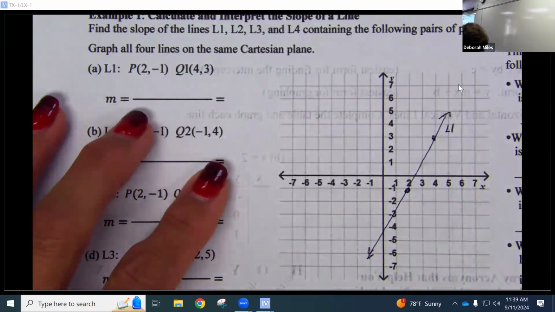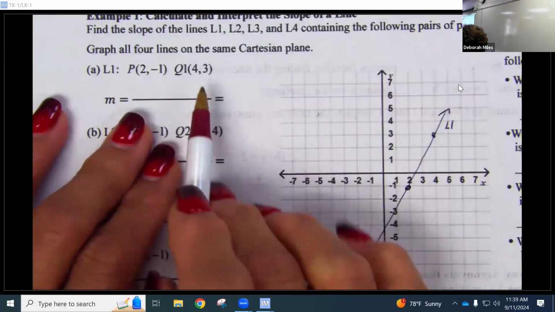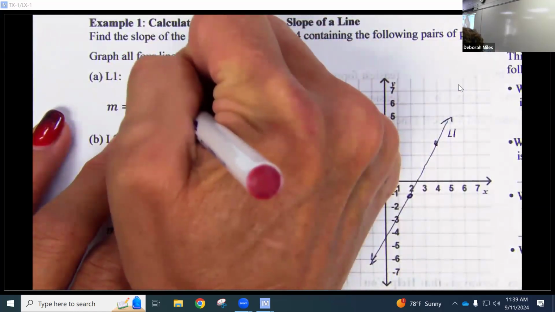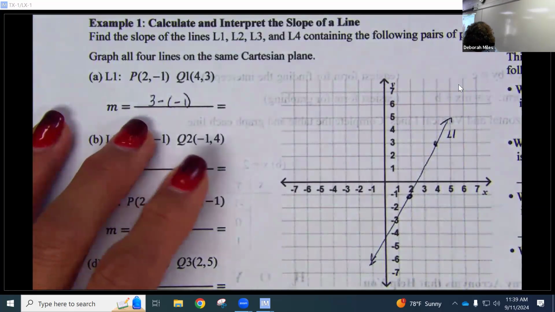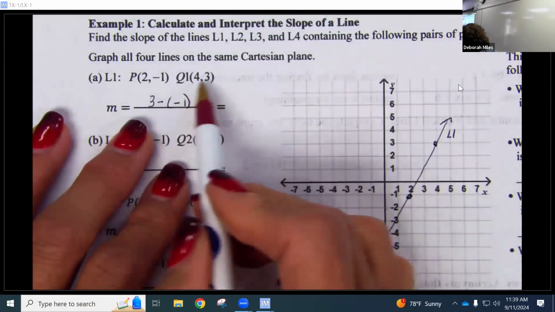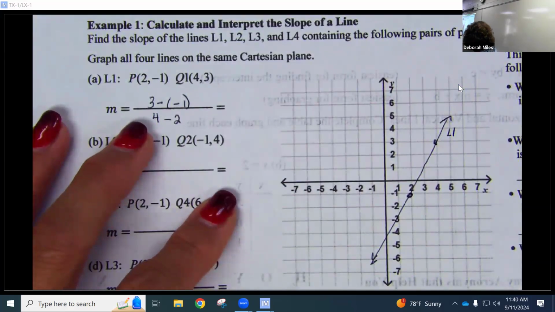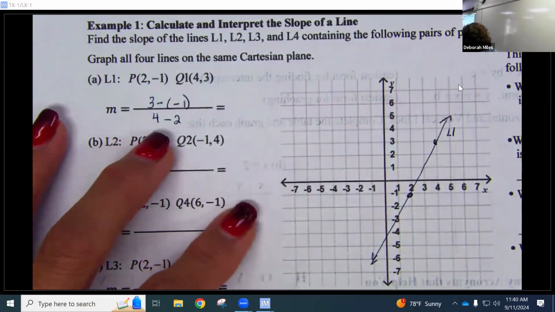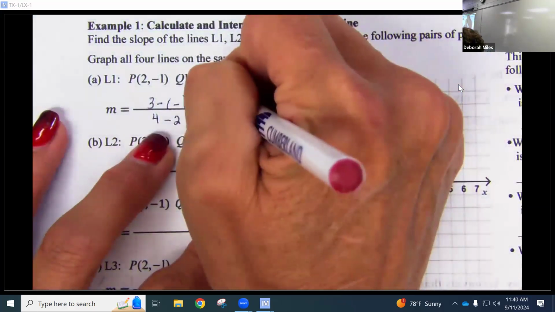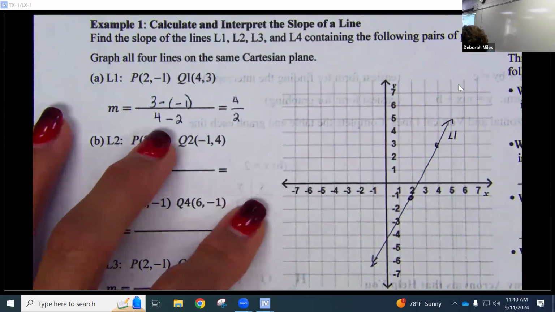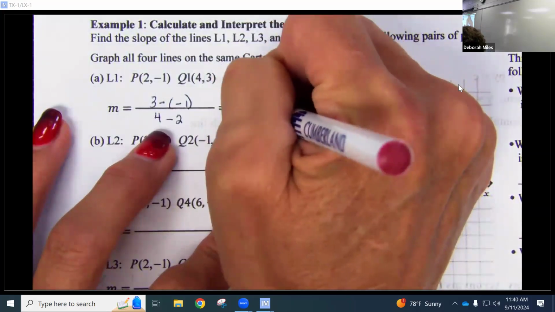Slope of that line would be the difference in the y values, 3 minus -1, over the difference in the x values, 4 minus 2. That simplifies to 4/2. So we would say that that line has a slope of 2.